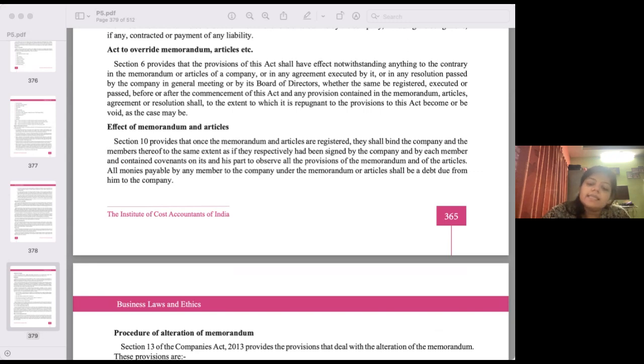So in such cases, those shares would only be paid off by the company, provided the company still has the money, and the fact that at the time of winding up, it has paid all its creditors first: workman salary, then your financial creditors, your operational creditors, secured, unsecured, and then preference shares.